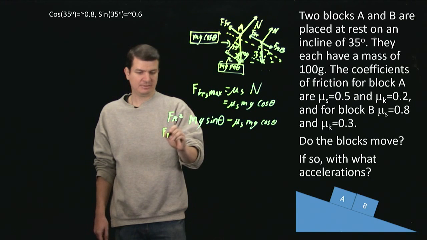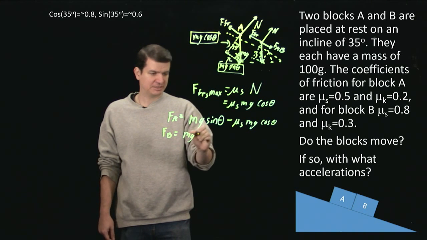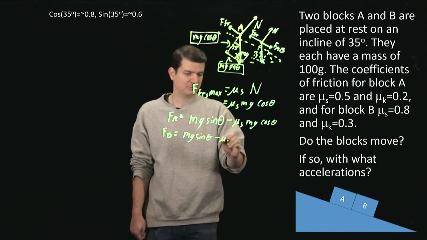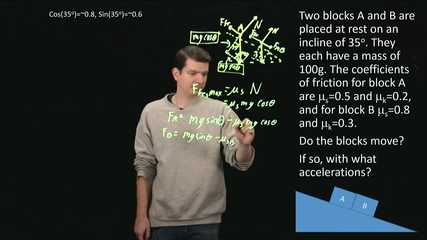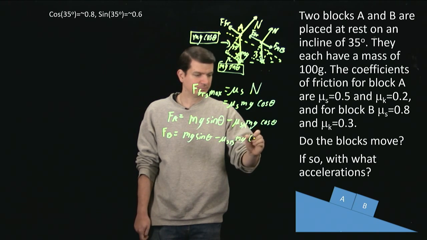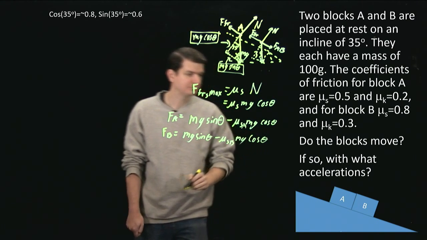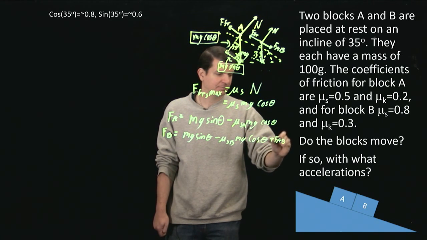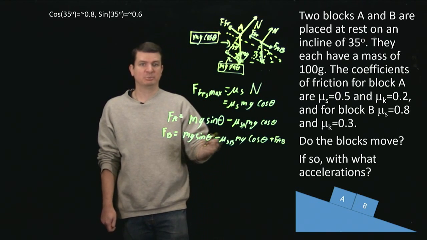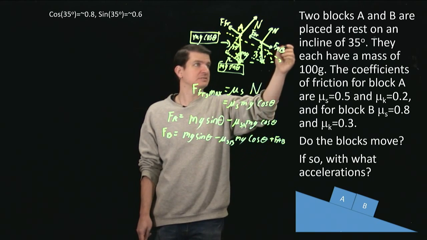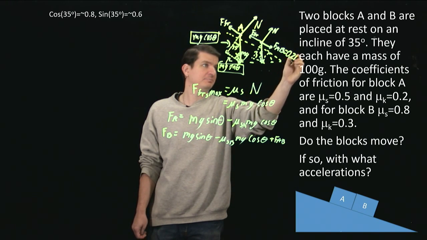So the force on B, we've got a positive mg sine theta as before. We've got a mu s, this time of B, I'll just remind us that was A, of mg cosine theta. But then we have plus F_AB also acting to push us down the slope. And that we found was 0.2 newtons. So I'll write that here so we don't forget.